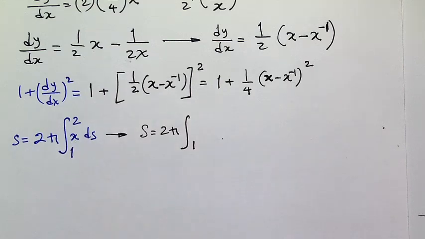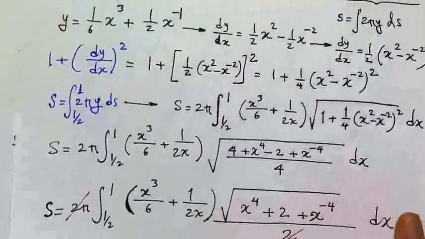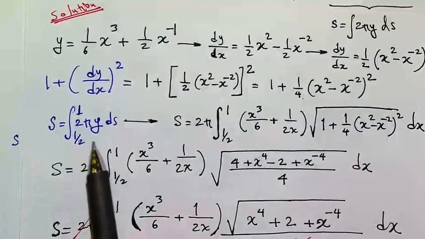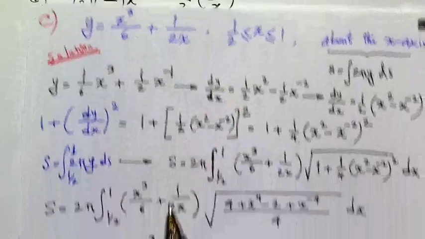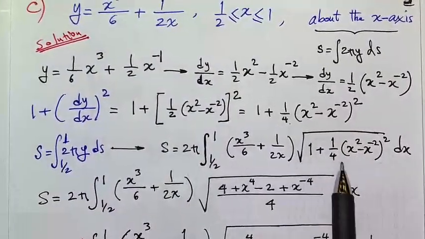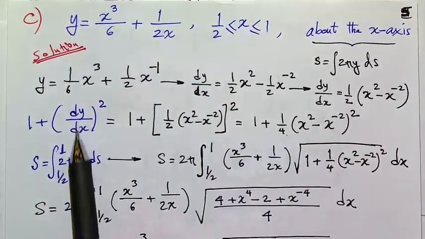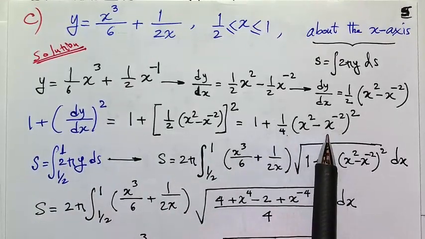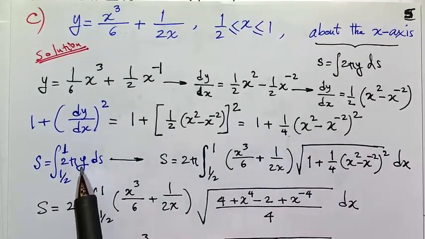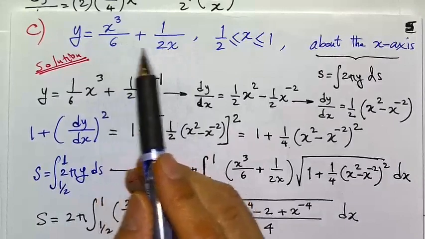Notice that in the previous example, if I bring it back, when we had 2 pi y ds, because everything in 1 plus (dy/dx) squared was in terms of x, for y we replaced it with its equivalent that had all x variables in it. You see that?